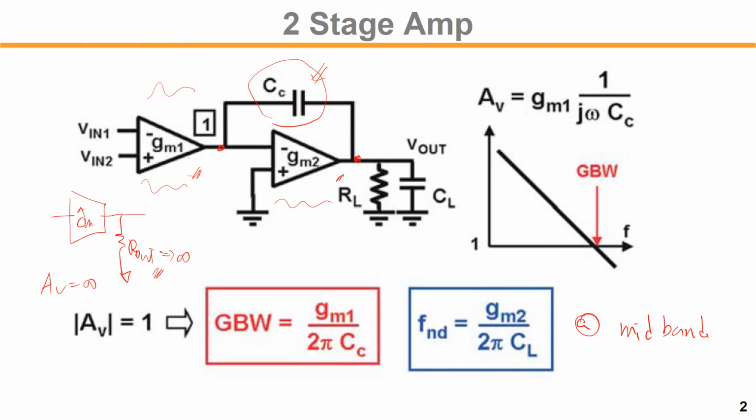So to make one pole dominant compared to the other pole, we add CC there, and this will generate a large capacitance by the effect of the Miller effect.